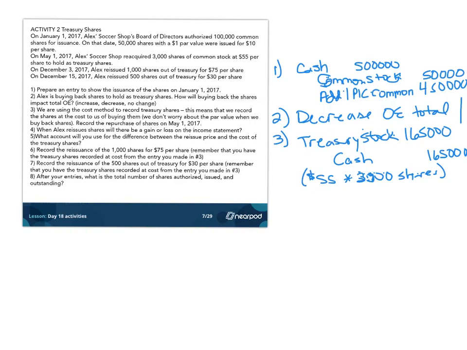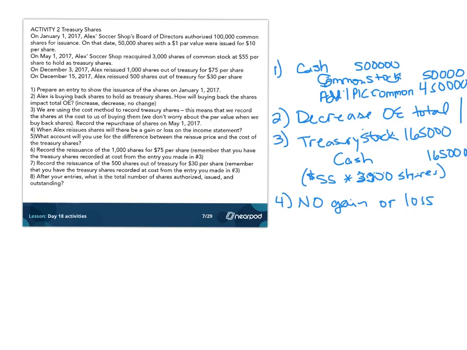All right. So then I ask you, in what account we're going to reissue shares? Is there going to be a gain or a loss on the income statement? And I had you think about this in class for a while, and I told you the answer there is no. There's no gain or loss. Essentially what I'm saying is we can't buy back and trade our own shares to affect our income.